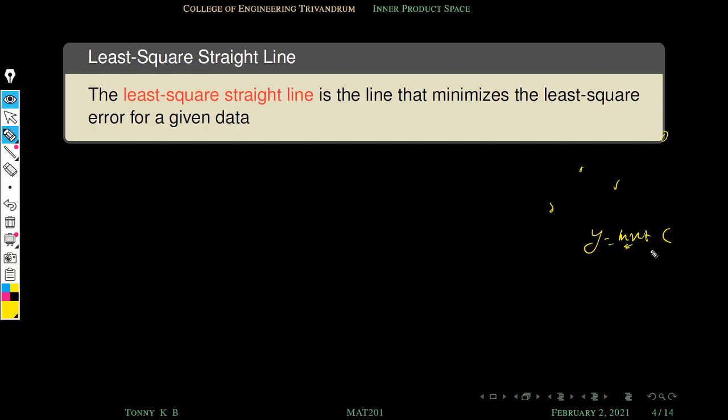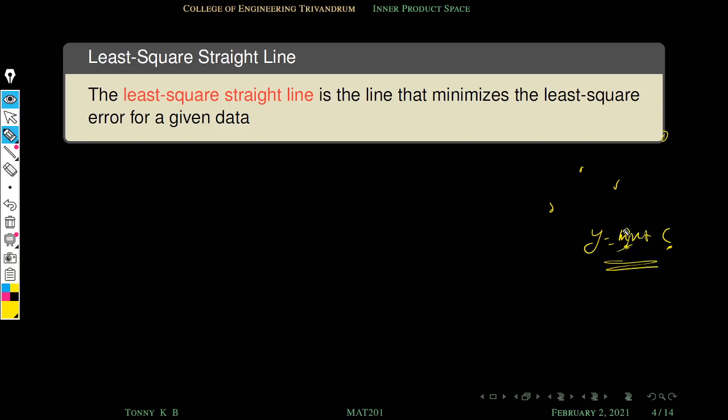That means we have to find a particular m and c which minimizes the error. You got the idea? Suppose we have data x1, y1, x2, y2, etc., xn, yn. Our aim is to find the best linear relation. Then we have to find a best straight line y equal to mx plus c which minimizes the least square error.